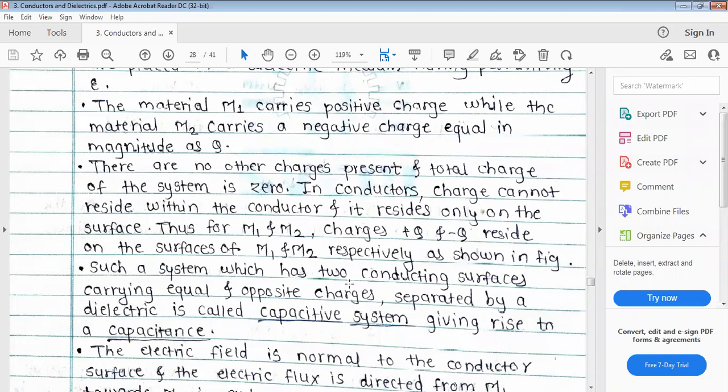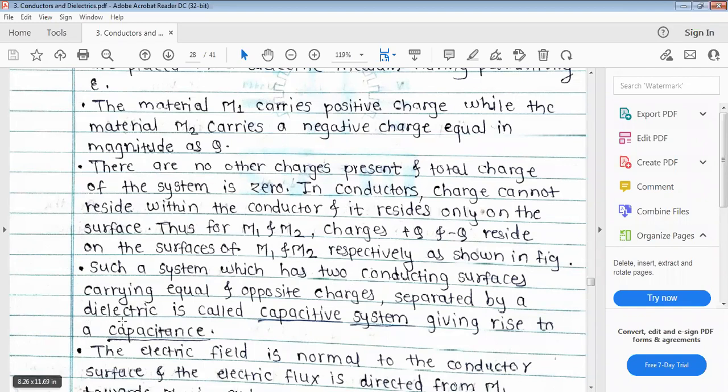So such a system has two conducting surfaces carrying equal and opposite charges. You can imagine the capacitance. It has two conducting plates, one positively charged and the second negatively charged, right?